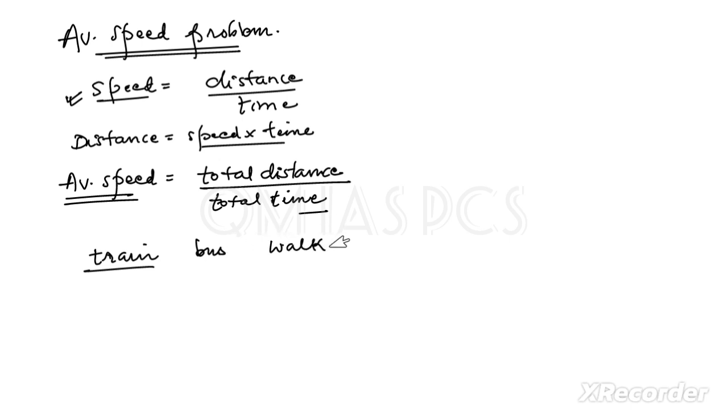So we have traveled some distance with the train, some distance with the bus, and some distance by walking. It must have taken some time for the train, the bus, and walking. So we have to take the total distance, train, bus and walking, then the total time taken, and then you will get the average speed.